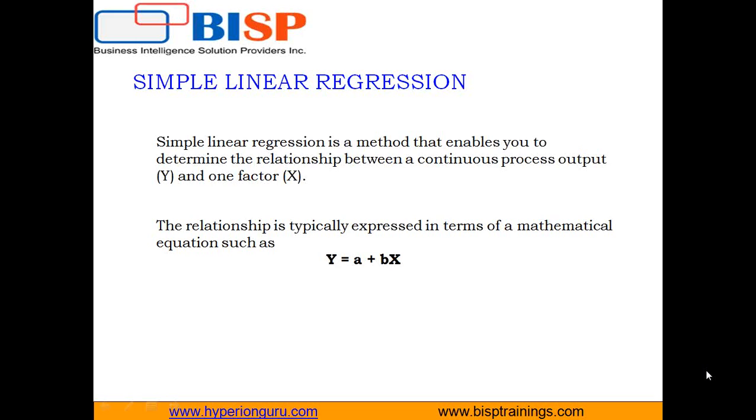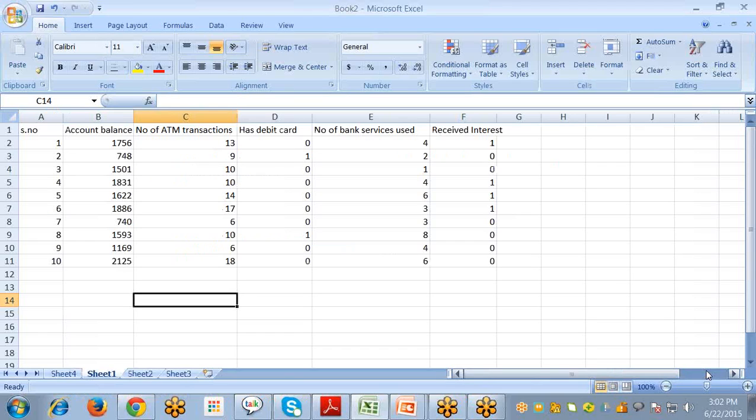Okay, so I'm going to explain it with the help of an example in Excel. How does this calculate in Excel? So this is our data. Here is the account balance for all the accounts, and there is the number of ATM transactions, that means how many transactions have been done from this account.